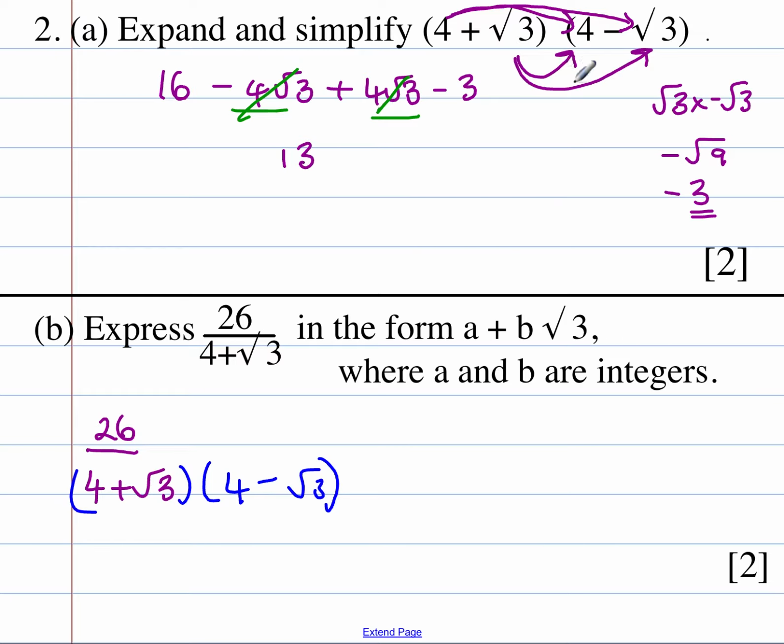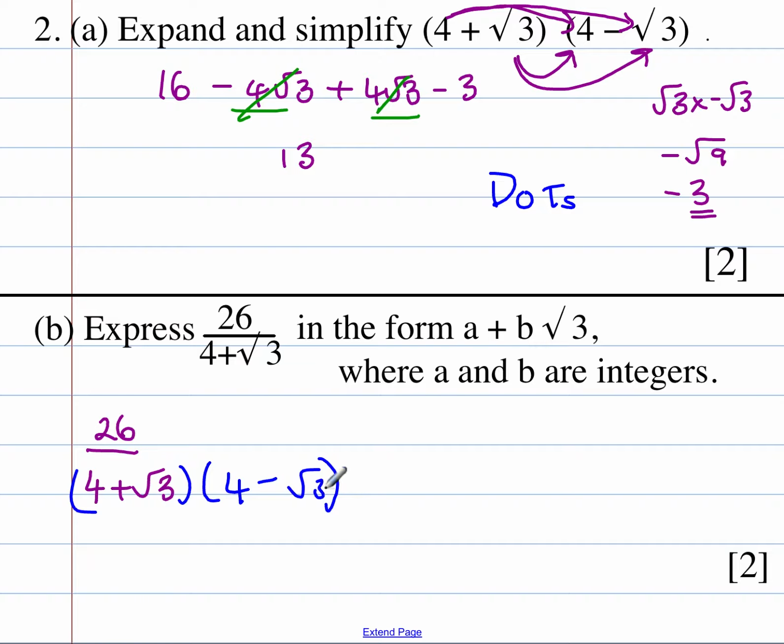Now if you notice, at the beginning these are the same. We've got 4 and 4 and root 3 and root 3. One's a plus and one's a minus. Now what ended up happening is the centre, the 2 bits containing the surds, got eliminated. Well, we call this the difference of squares, so you may already know this.